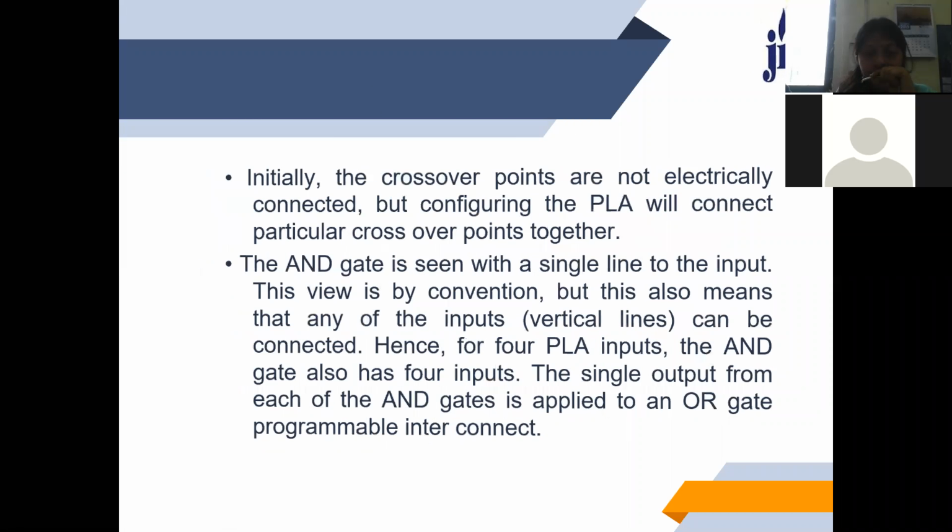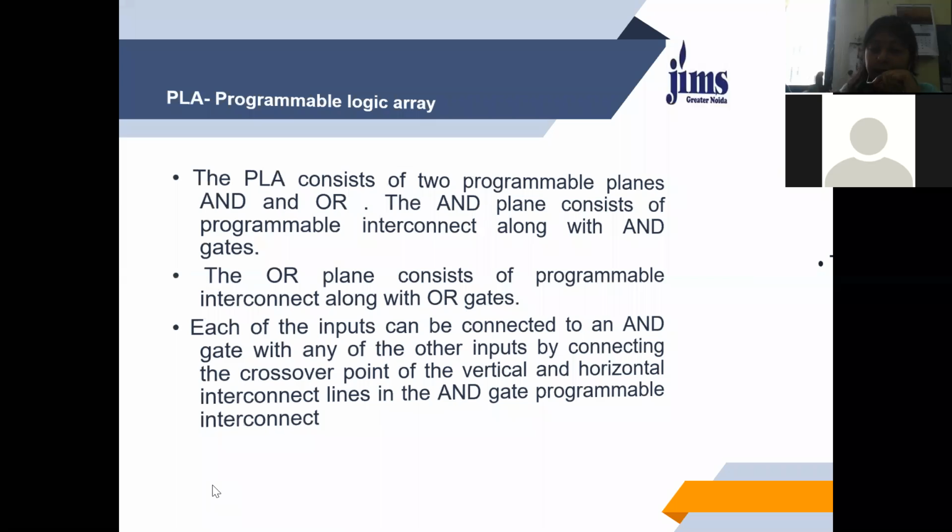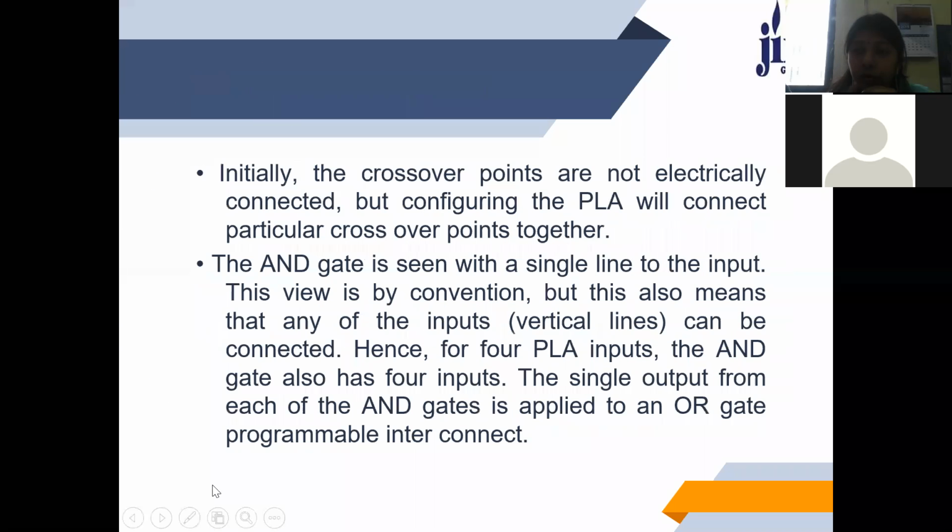Each of the inputs can be connected to an AND gate with any number of inputs by connecting the crossover point of vertical and horizontal interconnect line in an AND programmable interconnect. Similarly, we can use this theory onto the OR plane.